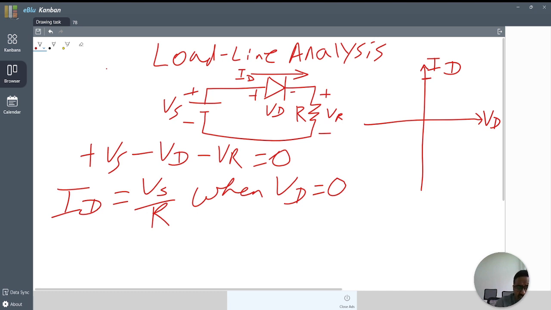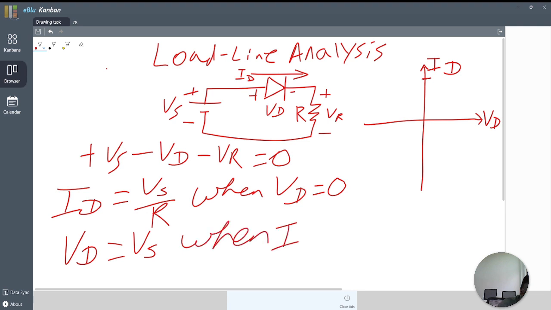And let's set ID equal to 0. Then VD equals V source when ID becomes 0, so we get the maximum voltage.